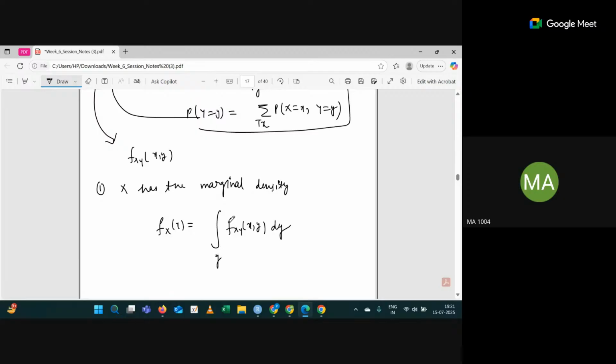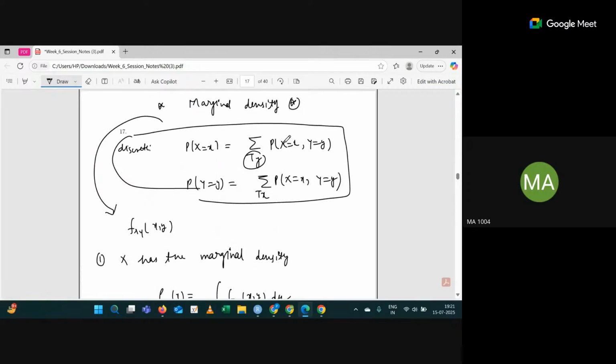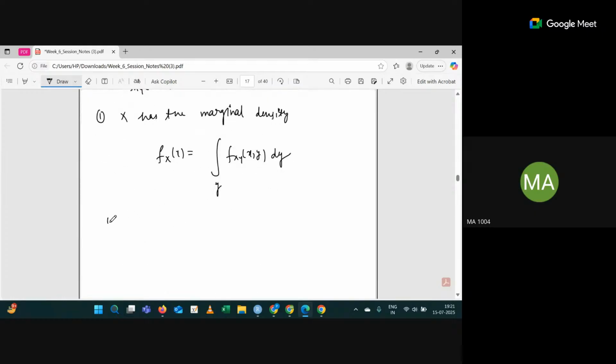Here you did summation for all the possible values of y, right? And similarly, y will have a marginal density. How? For f_Y(y), you will integrate this joint PDF with respect to x. Would you agree with me?